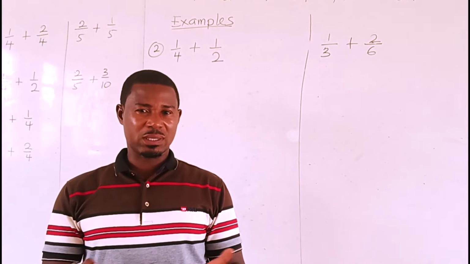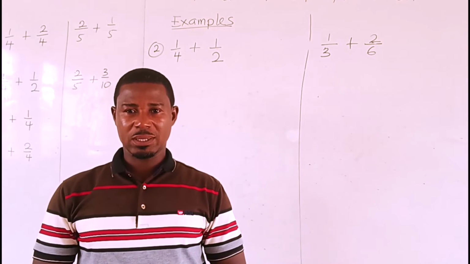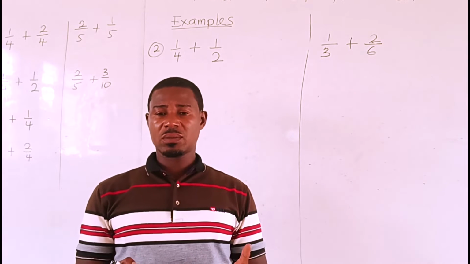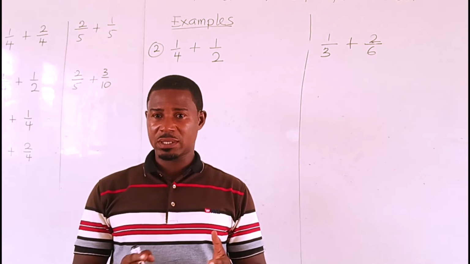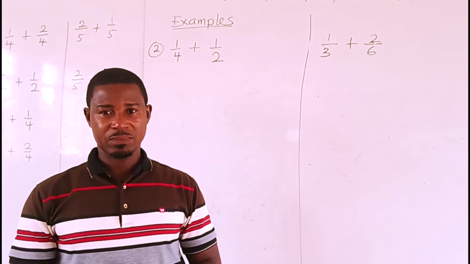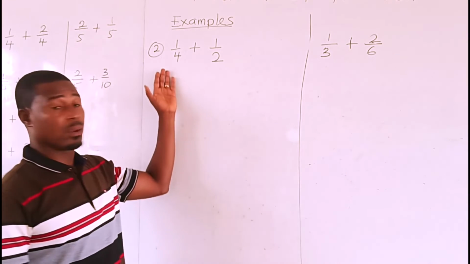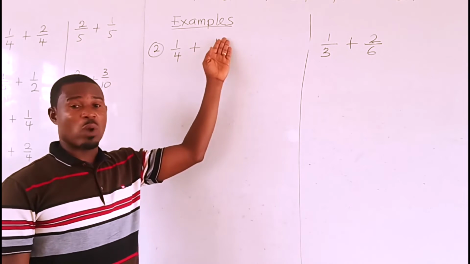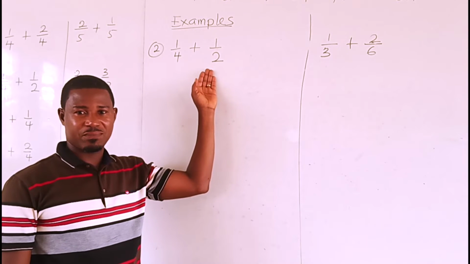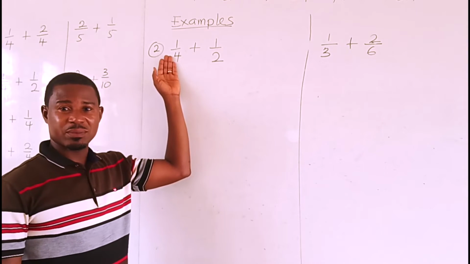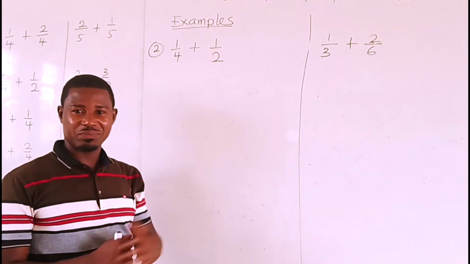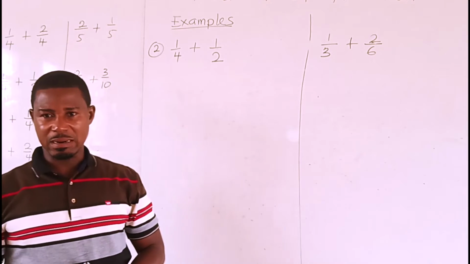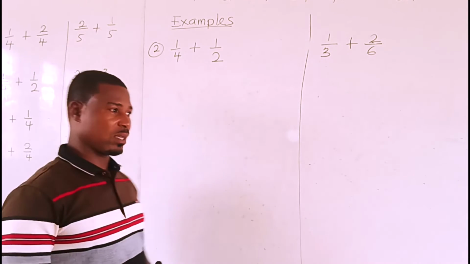Now let's use the same process to solve fractions that have different denominators. Our first example here is 1/4 plus 1/2. How do we solve this using the diagram? Just check and see.